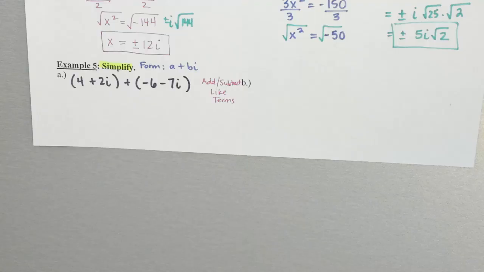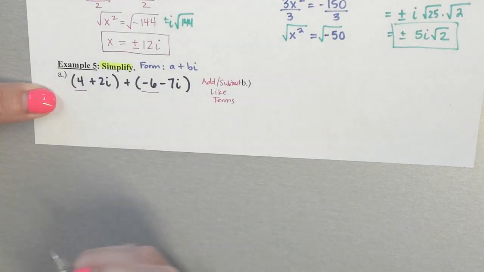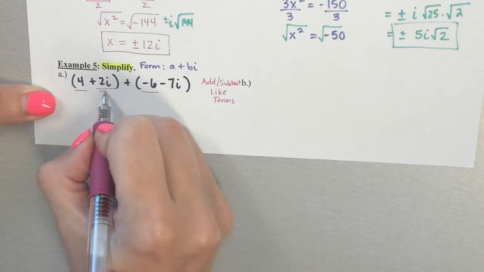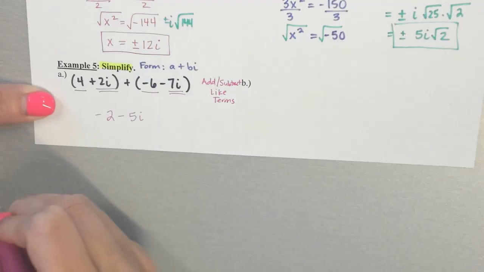Okay, so you really treat the i in this case like you would an x, like any other variable. So if you have 4 plus a negative 6, you would get negative 2. Okay, and then 2i minus 7i would be negative 5i.